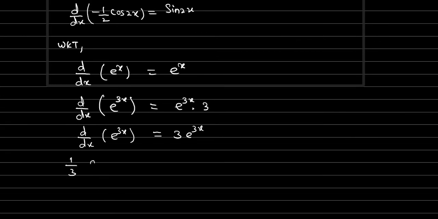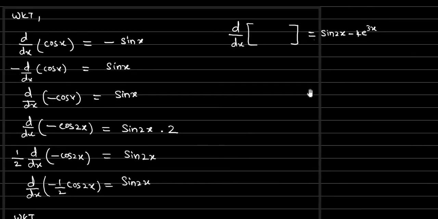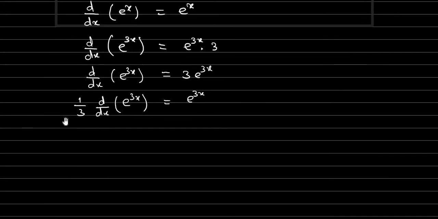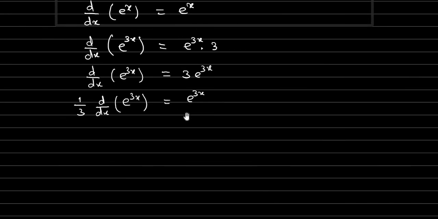That is 1 by 3 d by dx e power 3x equals e power 3x. But what we have here, the coefficient of e power 3x is actually 4. Now in this equation we are going to multiply 4 on both the sides. Then 4 by 3 d by dx e power 3x.